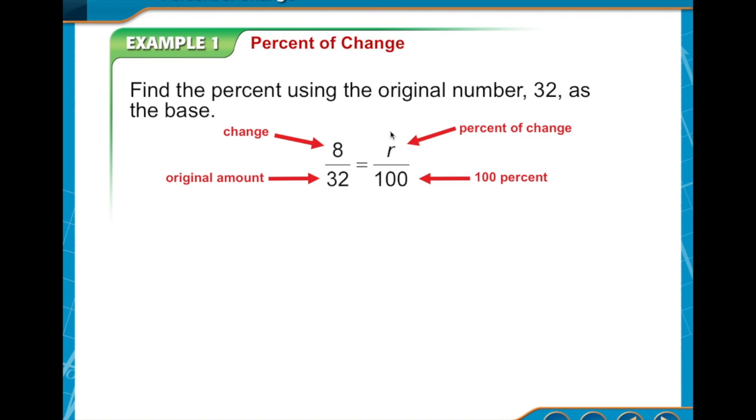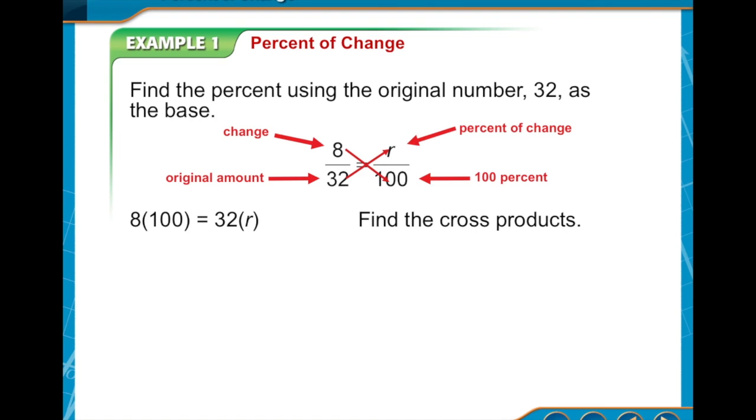And now look at what we have. We have our proportion, and we know how to solve these because we did many of these yesterday with our last section. So how do we solve this with a variable? We know we have to cross multiply. So knowing we cross multiply, we find those cross products. R times 32 is 32R. 8 times 100 is going to give us 800.